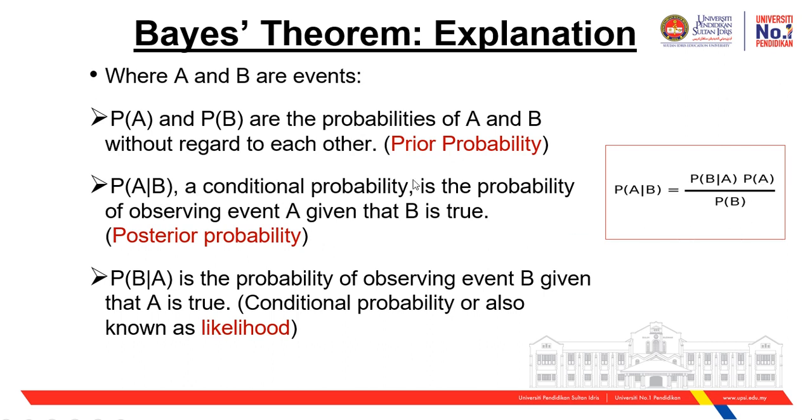Then we have P(A|B), the probability of observing A given that B is true. We call this a posterior probability. And then we have P(B|A), the probability of observing event B given that A is true. It is called a conditional probability, also known as a likelihood. So those are the terms in the Bayes theorem formula.